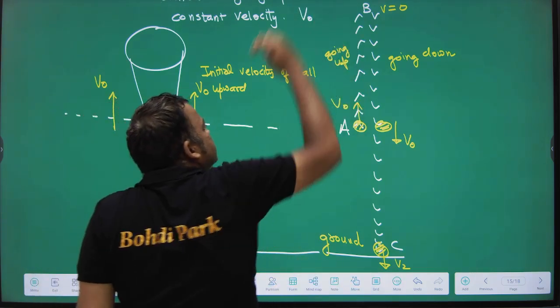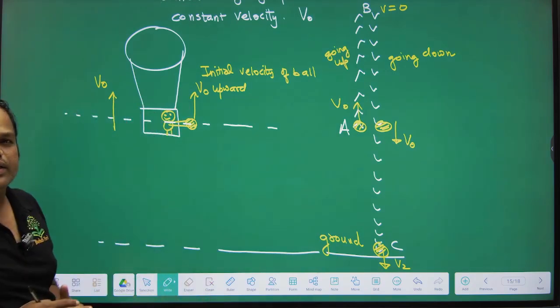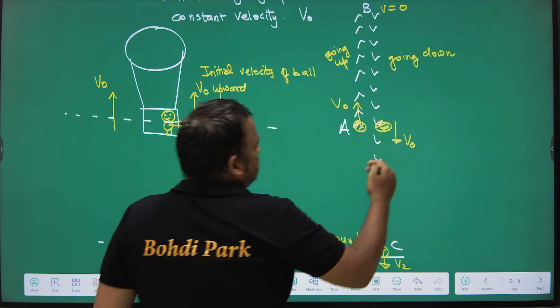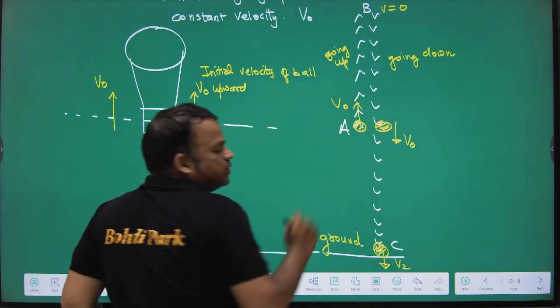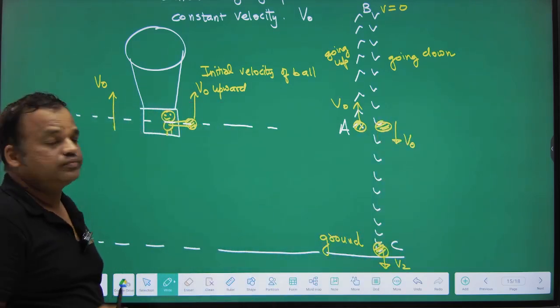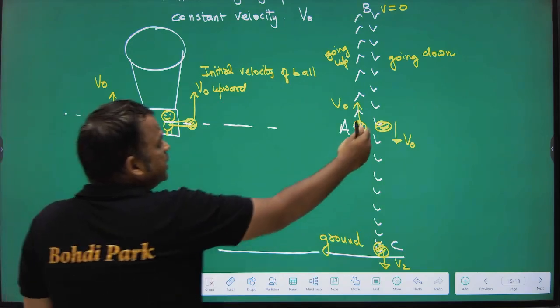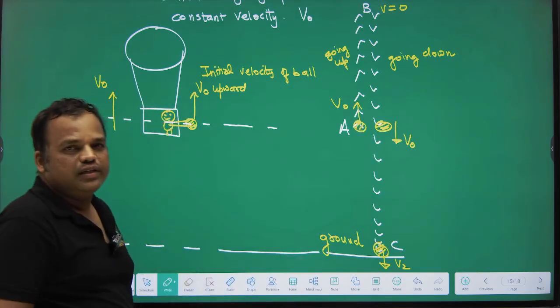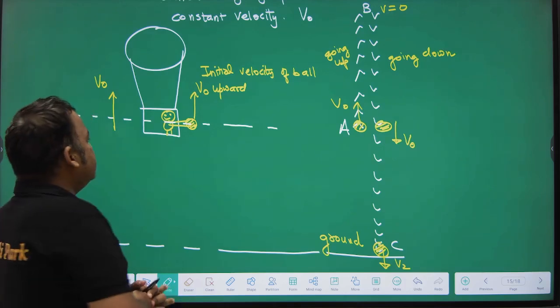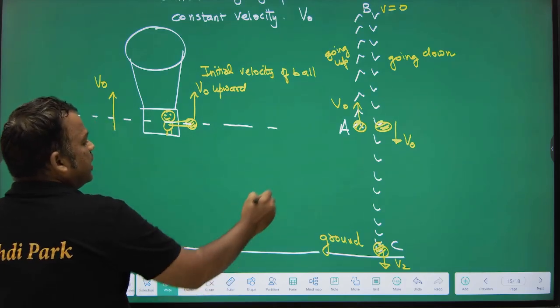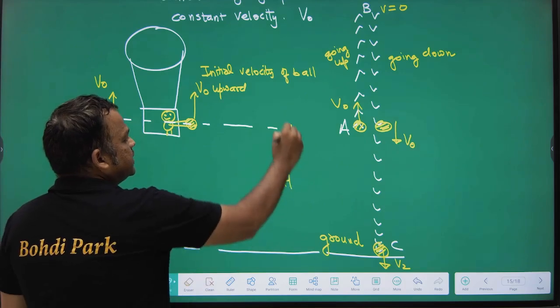A to B, let's find out how much time it will take, and A to C, how much time it will take. We can find A to C using height. The height of A is given as h.